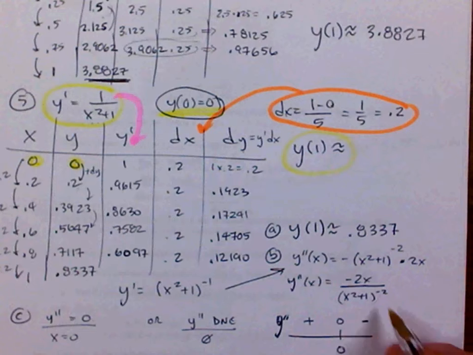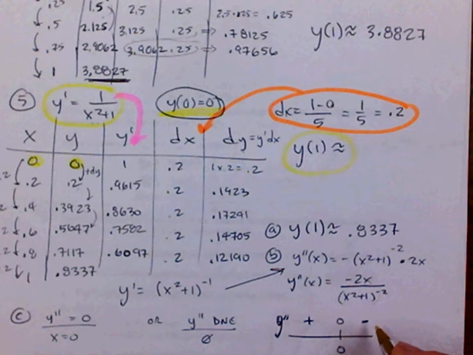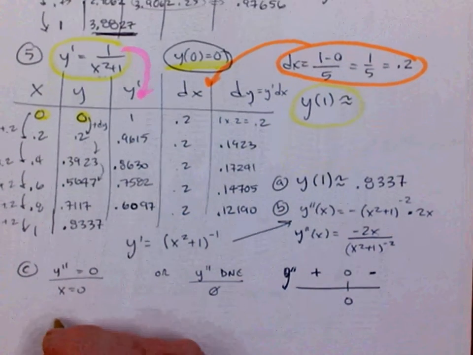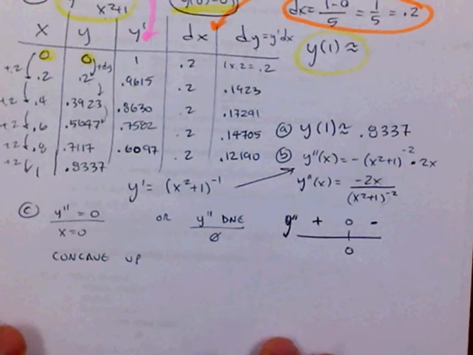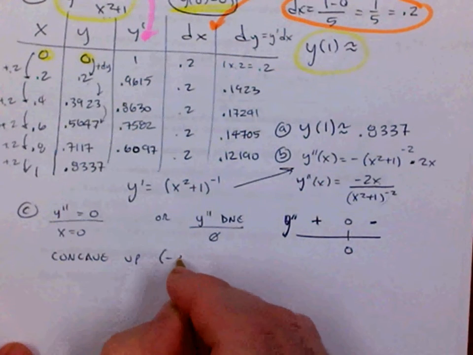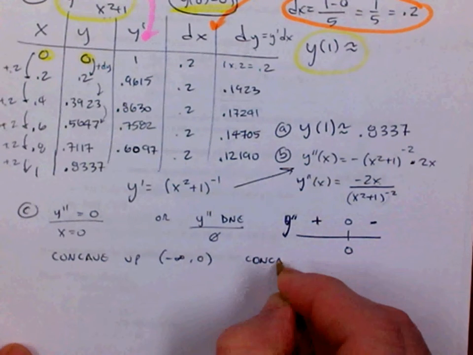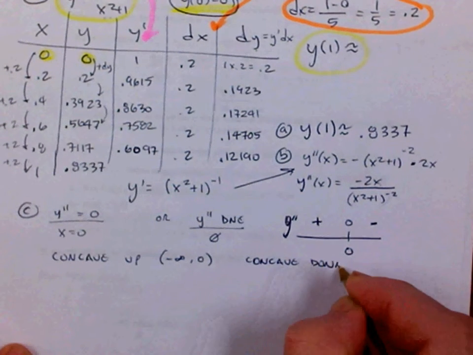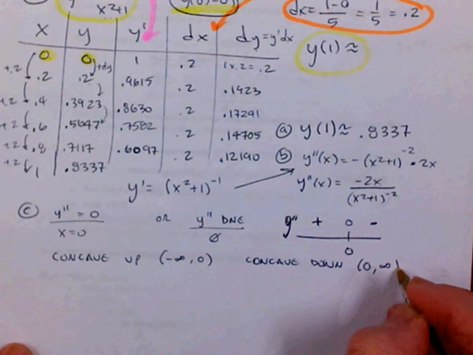Just checking the values here in this equation, which tells us that we are going to be concave up on the interval from negative infinity to 0, and we will be concave down on the interval from 0 to infinity, both of those being open intervals.